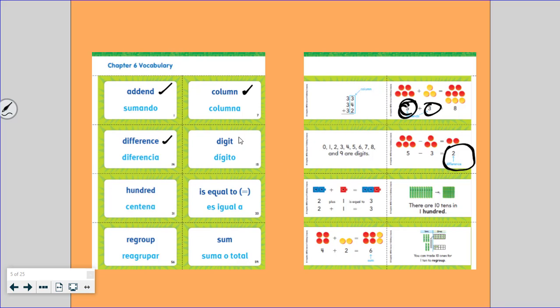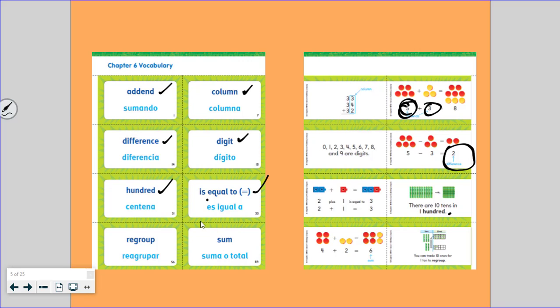Then our next word is digit. So 0, 1, 2, 3, 4, 5, 6, 7, 8, and 9 are digits. Then we got 100. So there are 10 tens in 100. So here's an example with a drawing. Is equal to. So 2 plus 1 is equal to 3. 2 plus 1 equals 3.